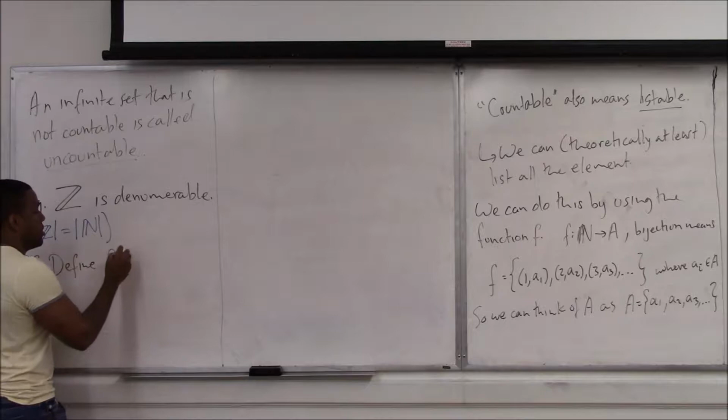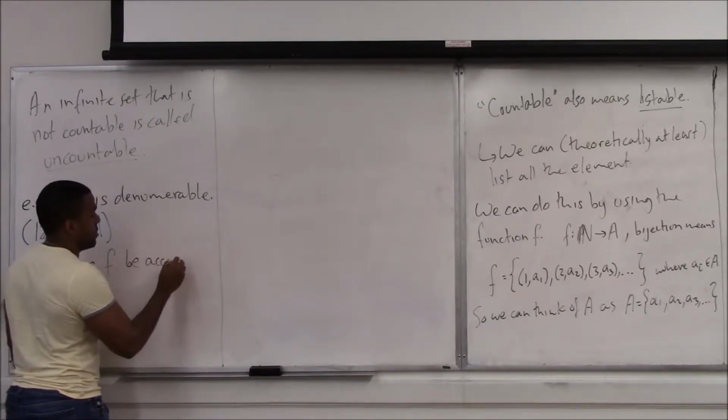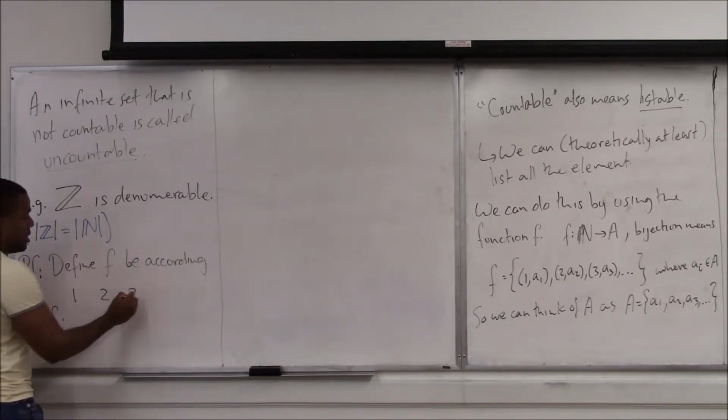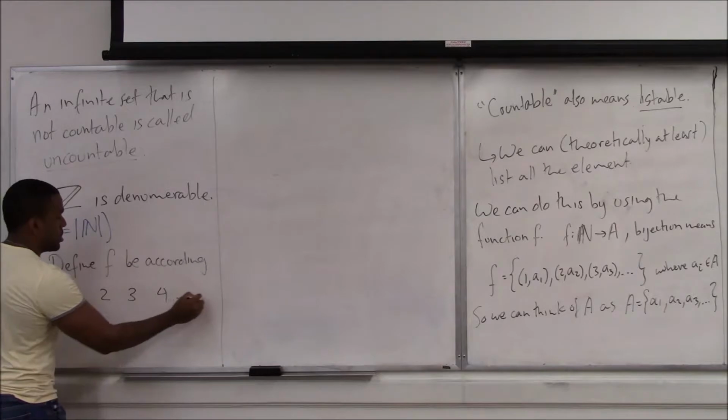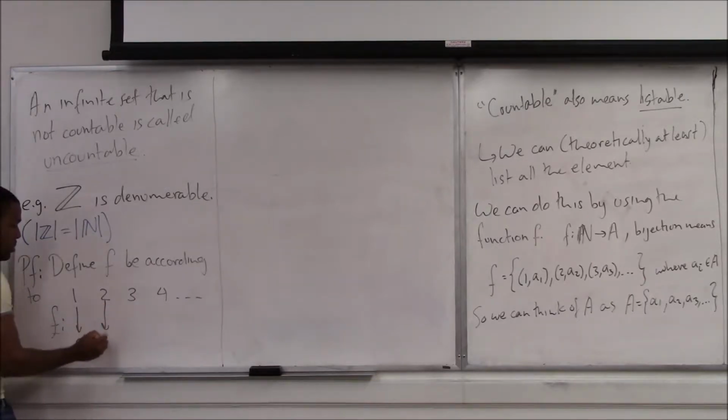Define f according to the following. Here's how I'm going to do the function f. Here's my n. I'm listing the n terms along the top here. That's going to be my domain. And I'm going to tell you what each thing is mapping to. So 1, my function will output 0 when I plug in 1. Plug in 2, it will output 1.